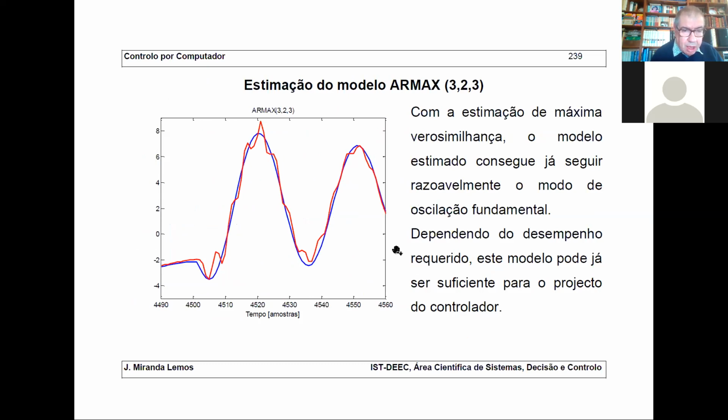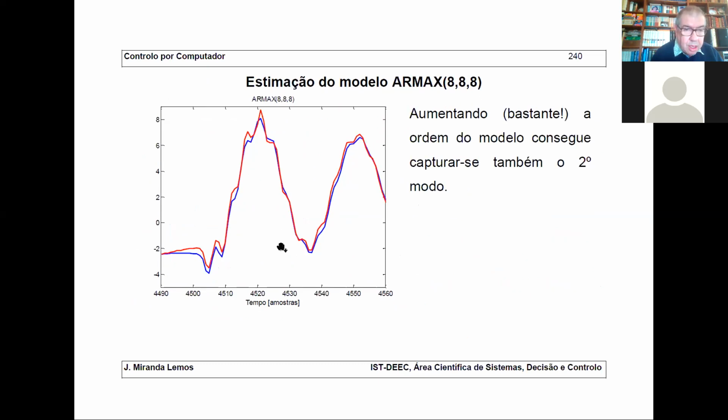Okay. Now, suppose that you want to estimate also this high frequency mode. Then the best I could do with this data was to use a model of order 8, you see. Then I can replicate more or less the data, but I had to use a model of order 8 in this case.